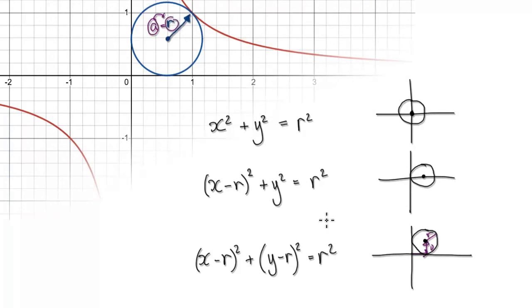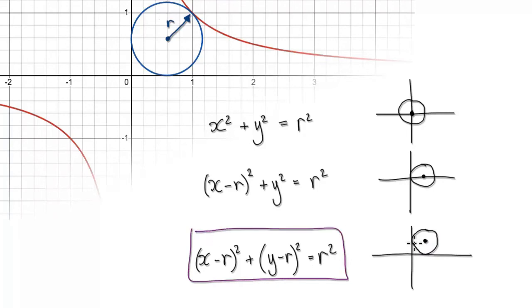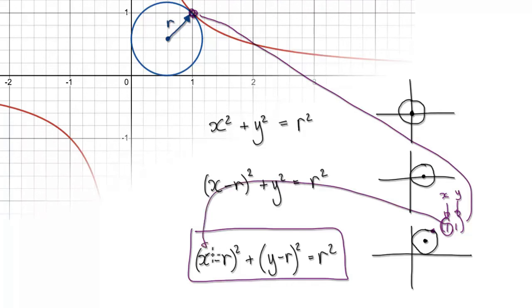Okay, so we've got this equation at the moment. But the thing is, I want this circle to pass through this precise point 1, 1. That's this point here. So remember, this is your x, this is your y. So I'm going to put 1 into the x, and then I'm going to put 1 into the y.